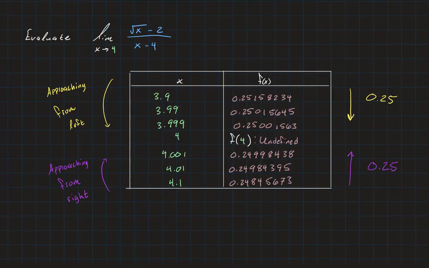What if I put in 3.9999 or 3.9999999? I'm pretty sure what would happen is that we're going to lose more and more of these values, and we're going to have zeros here, and we're going to keep this 0.25. So we can pretty safely say, even though we don't know what this function even looks like, that if I examine these trends, the limit as x approaches 4 of this function is 0.25.